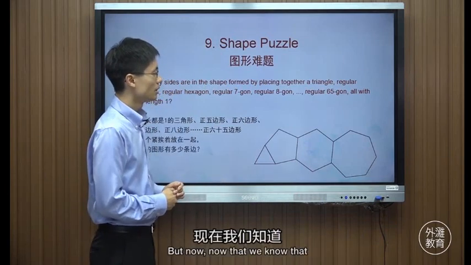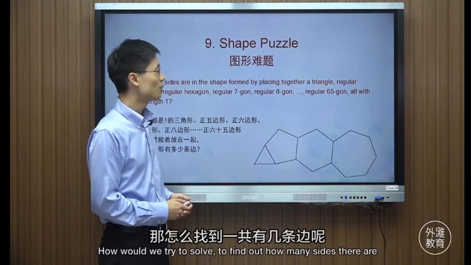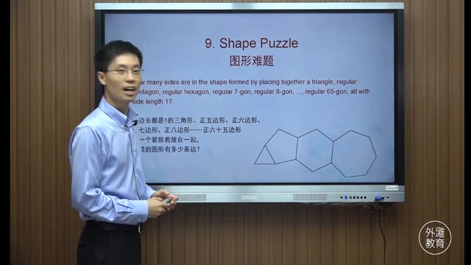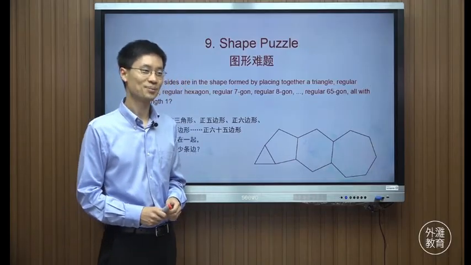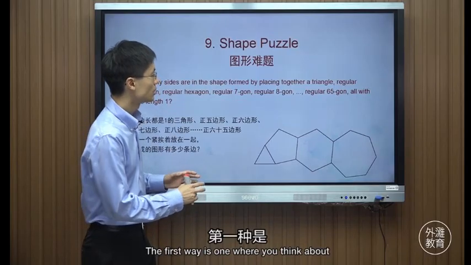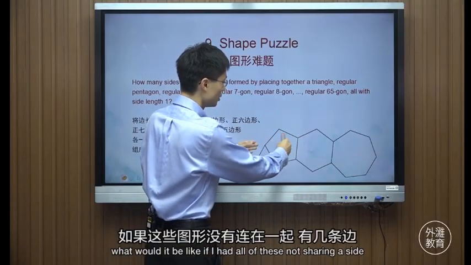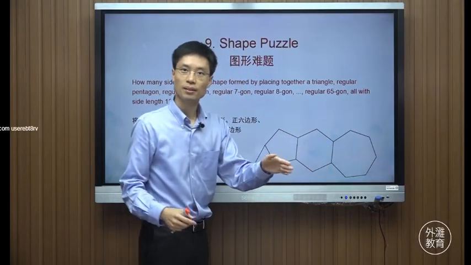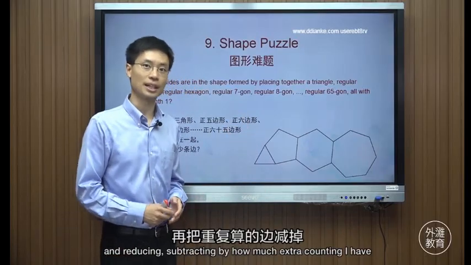But now that we know that, how would we try to solve to find out how many sides there are? I want to talk about 2 different ways of looking at this. The first way is one where you think about what would it be like if I had all of these not sharing a side, and then subtract by how much extra counting I have.